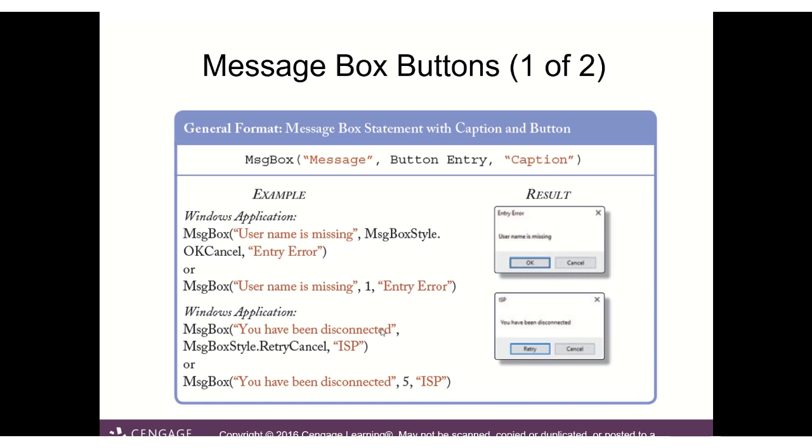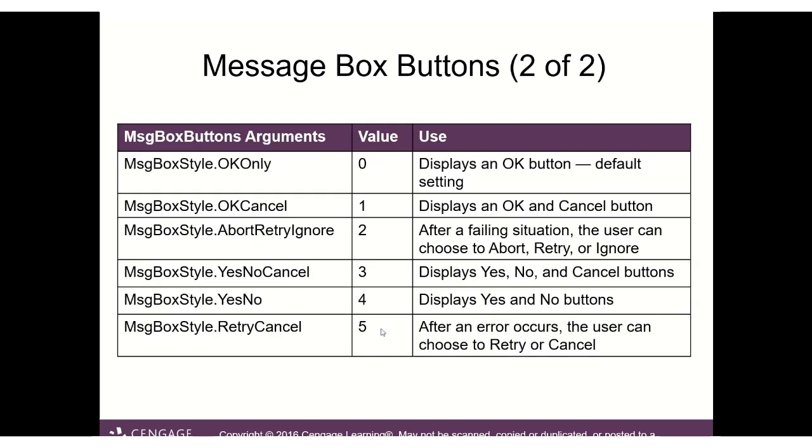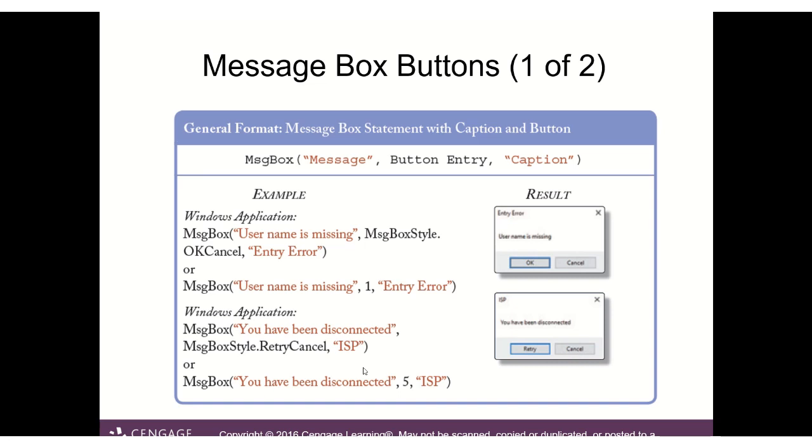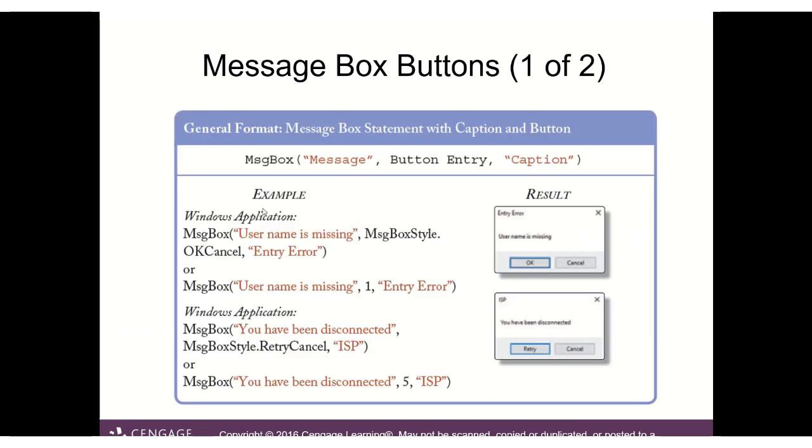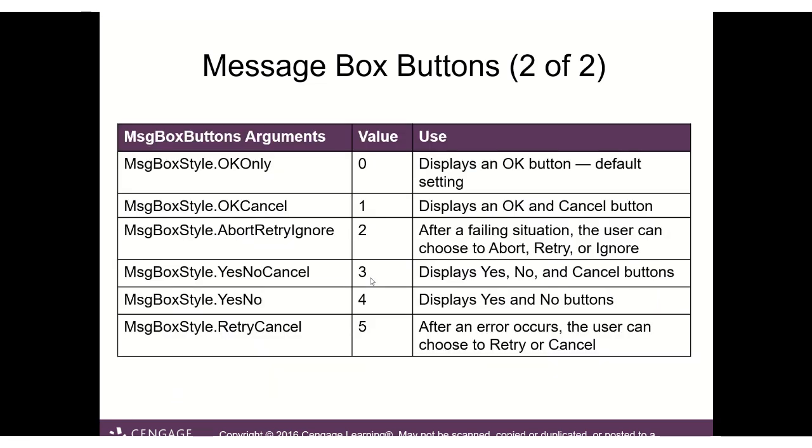Okay, so these are the message box buttons. You can say OK is 0. If you put 1 here, then it is OK and Cancel. And there can be a 5, for example, Retry Cancel.